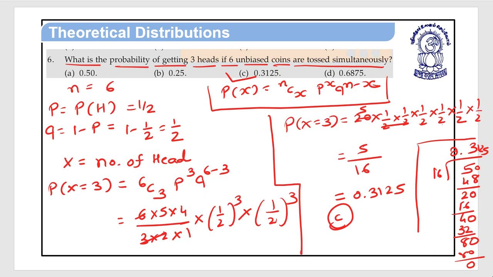So option C is the right answer of question number 6.